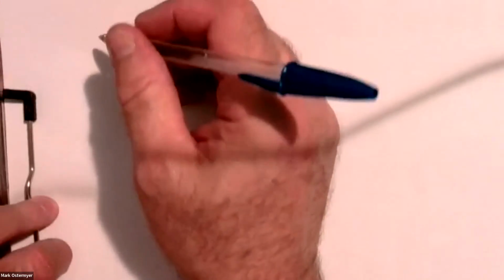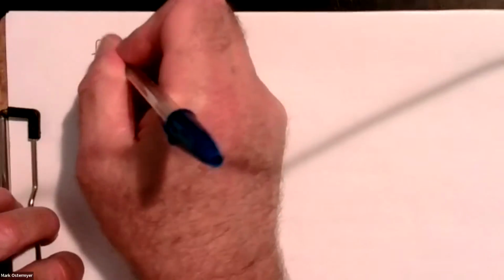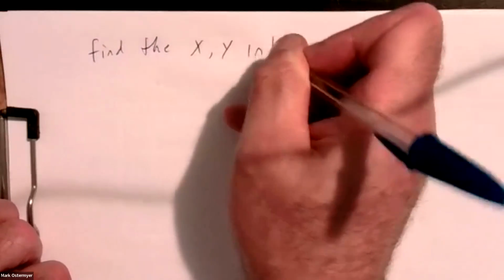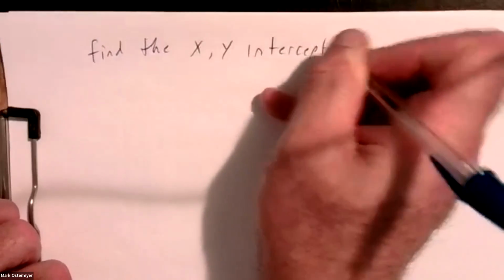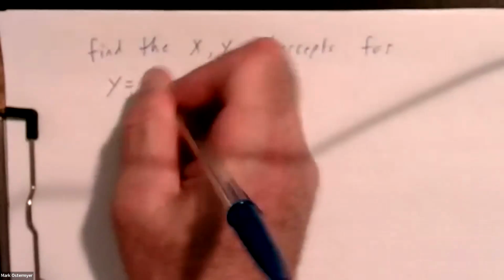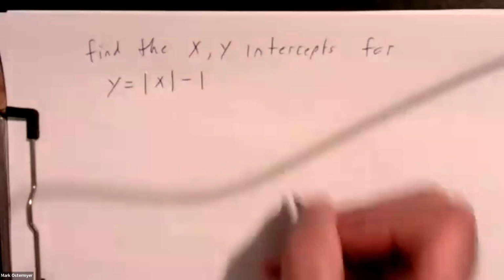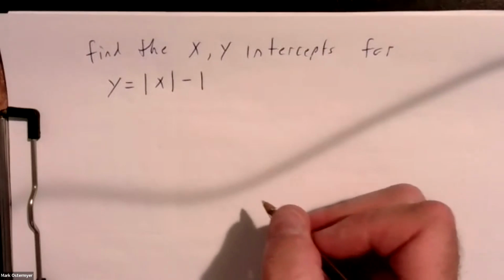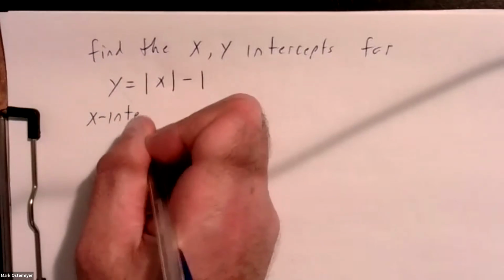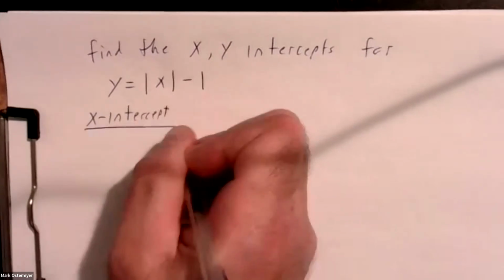All right, same thing. Let's find the x and y intercepts for, how about this equation? Y equals the absolute value of x minus 1. Well, nothing changes. Still proceed the same way. To find the x-intercept, we're going to let y be 0.